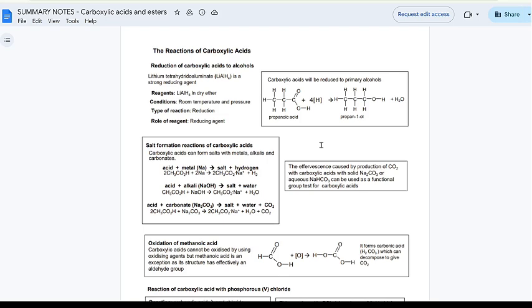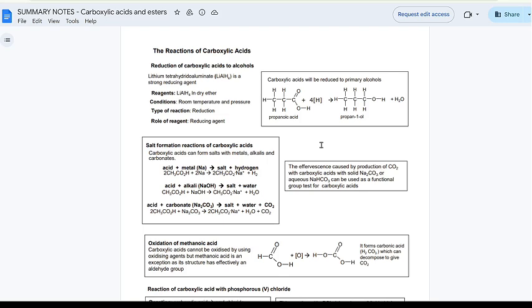Acid and metal, salt and hydrogen, acid and alkali, salt and water, or acid and base, I guess you should say. And acid and carbonate is salt and water and carbon dioxide. This is all known.